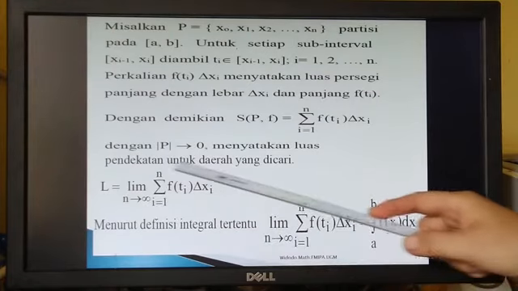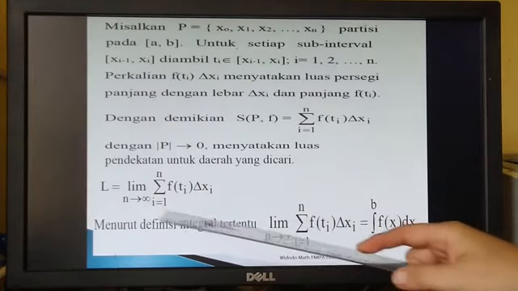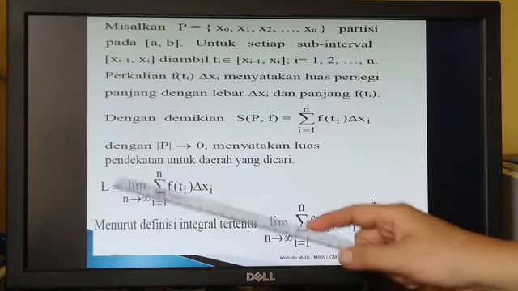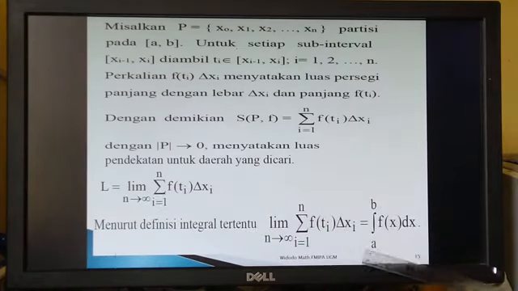By using the definition of the definite integral, this limit tends to the area of the blue one, and by definition this is equal to the definite integral of f(x) dx between a and b.